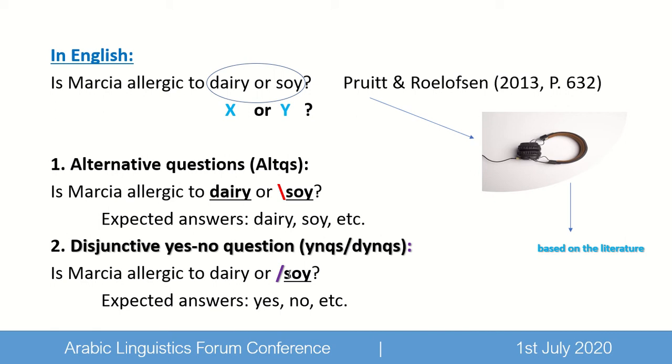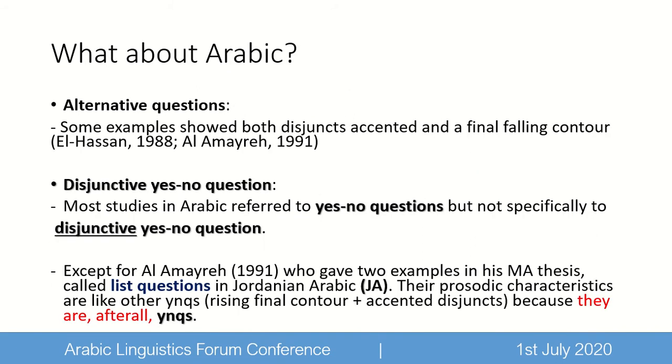So there were and there are still prior studies that they depended on, but what about Arabic now? Do we have studies in Arabic? Actually, in Arabic, we lack such kinds of studies. In terms of alternative questions, some examples showed that the disjuncts are accented and there is a final fall.